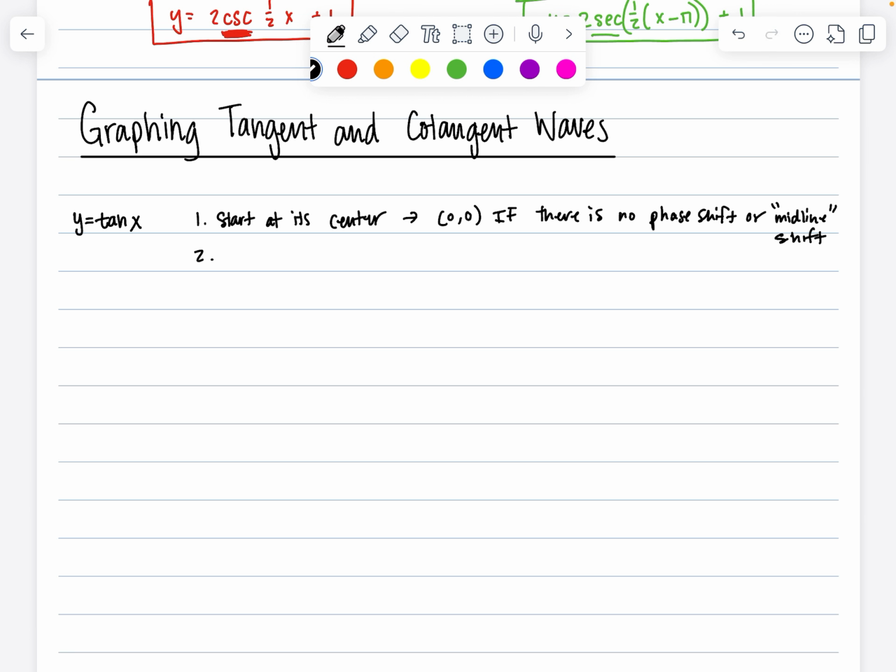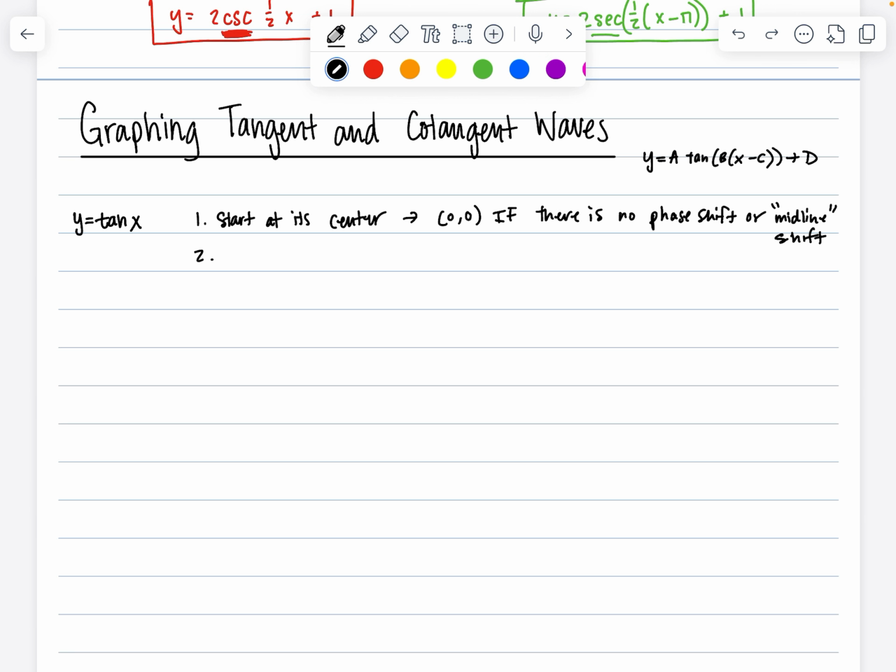The second thing we need to know is, I probably should have had this up here before: y is equal to A tangent of (Bx minus C) plus D. So this is our midline shift.